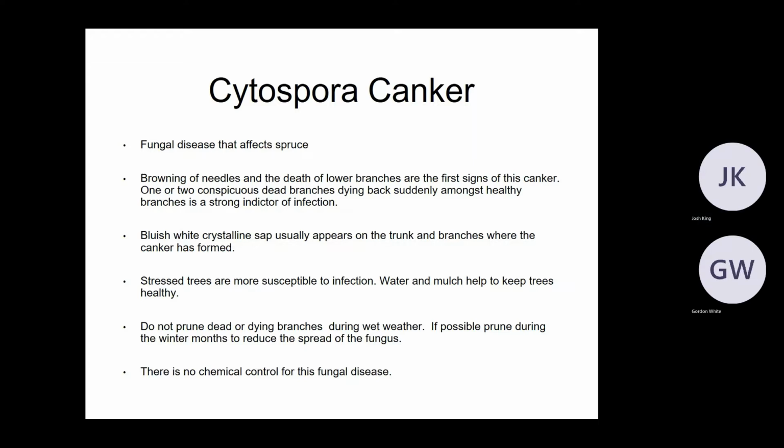You make your cut at that point, and then come next spring, when the disease is floating around again, our cuts are dried up and not as susceptible. Whereas if you cut this time of year, the sap's going to start oozing out, and that's where it's going to get it.